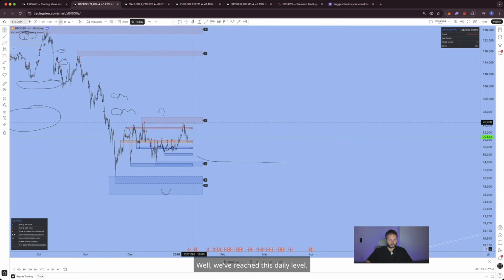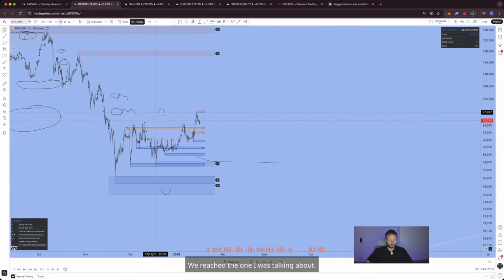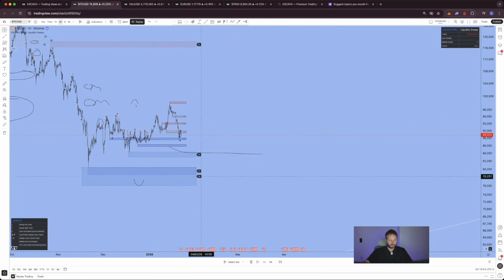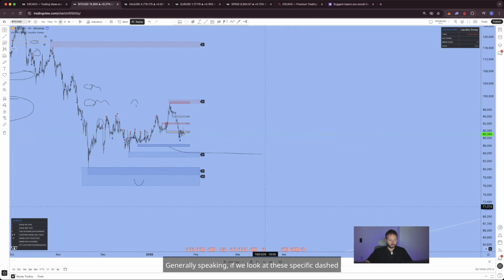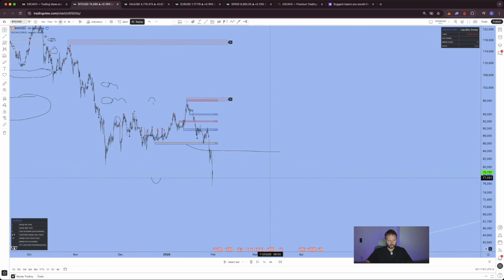Well, we've reached this daily level. We just swept it a little bit. We reached the one I was talking about. And then we go after these ones. Generally speaking, if we look at these dashed boxes shown here. Okay, we've taken the liquidity.